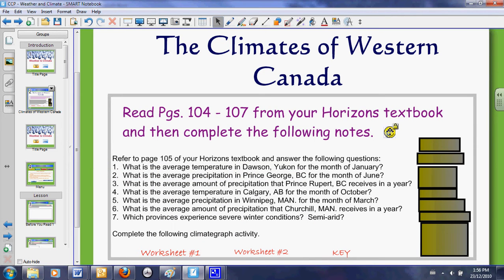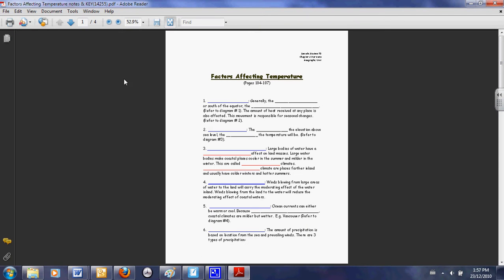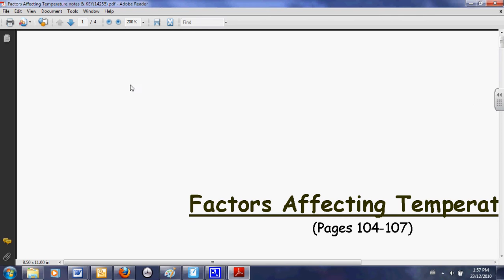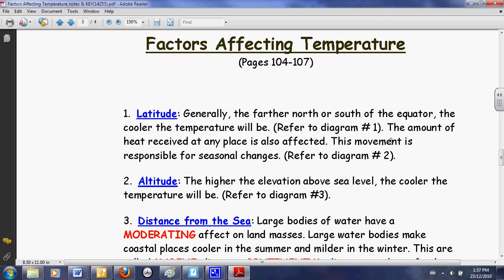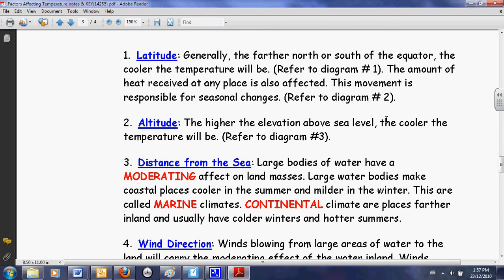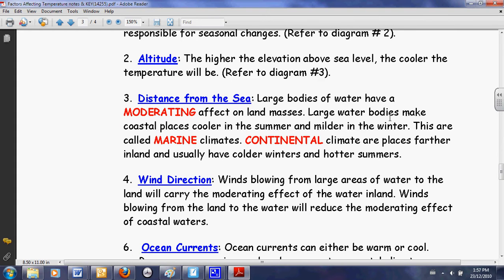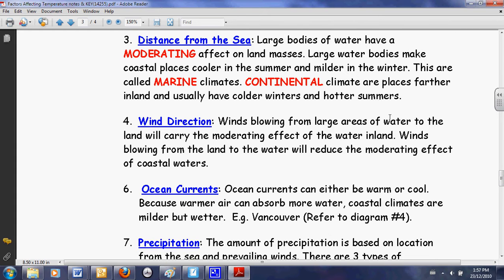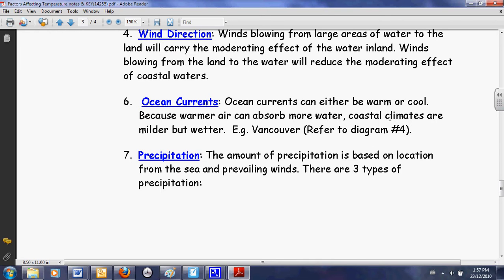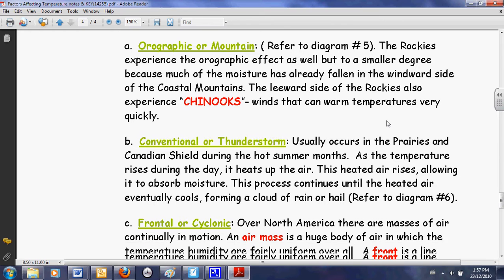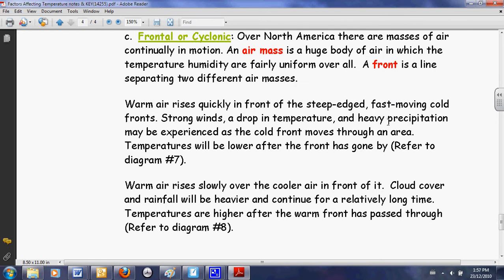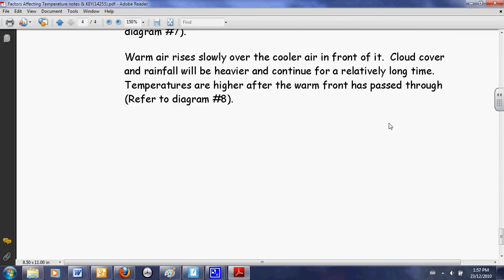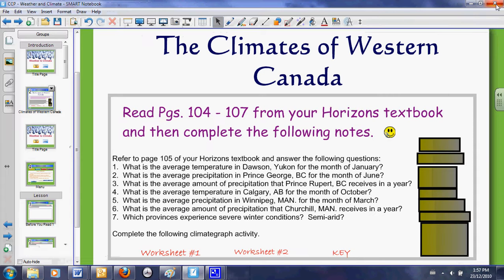Once you've done reading, the next thing you need to do is grab a copy of these notes that are based on those pages. And again, you'll want to pause to make sure that you get all that.